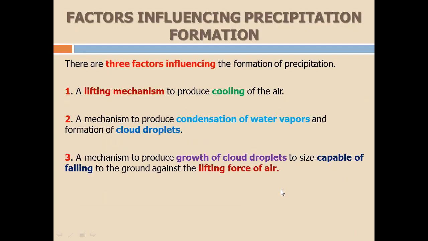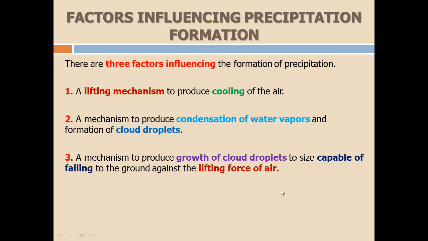Okay, next is factors influencing precipitation formation. Actually, you can also say the precipitation formation process. By these factors, we are describing the precipitation formation process. So there are 3 factors which influence the formation of precipitation.